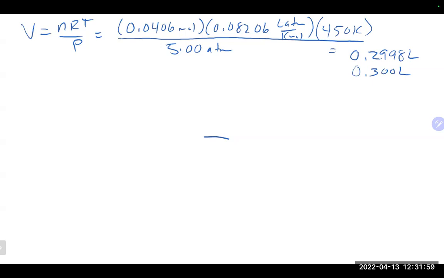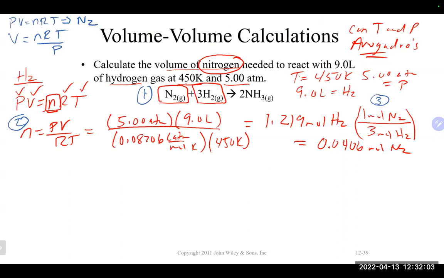I want to make sure I didn't mess up any of the calculation there. One sec here. I want to make sure I punched everything in right real quick. That's where I'm off.